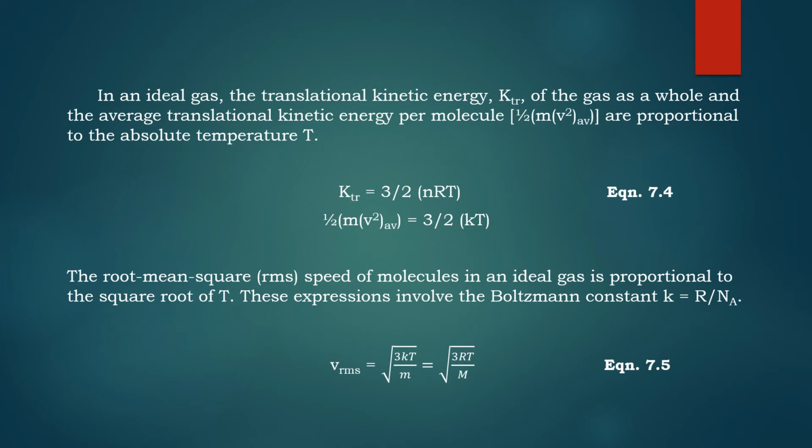The root mean square speed of the molecules in an ideal gas is proportional to the square root of T. These expressions involve the Boltzmann constant k equal to R over N_A. That is, v_rms equals the square root of 3kT over m equals the square root of 3RT over the molar mass M.